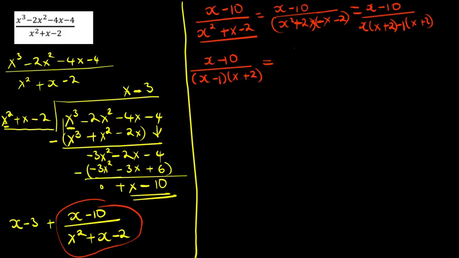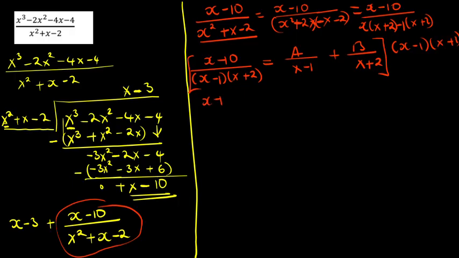So it will result into a over x minus 1 plus b over x plus 2. So that is what I'm having. Then this side I'll put x minus 1, the common factor now. Then here to be x minus 10, then x plus 2, then plus b times x minus 1.